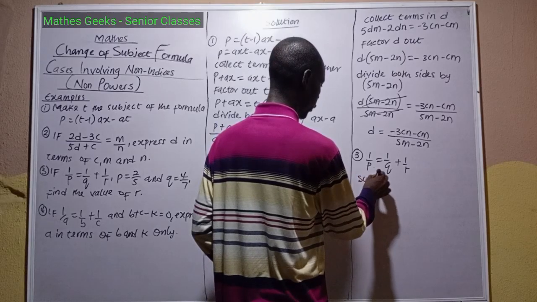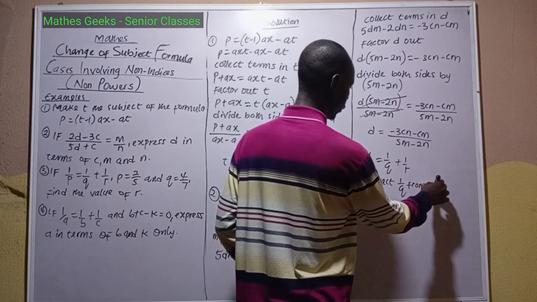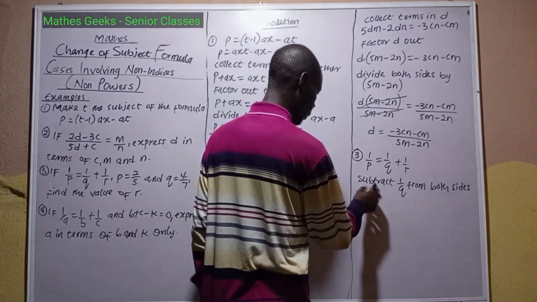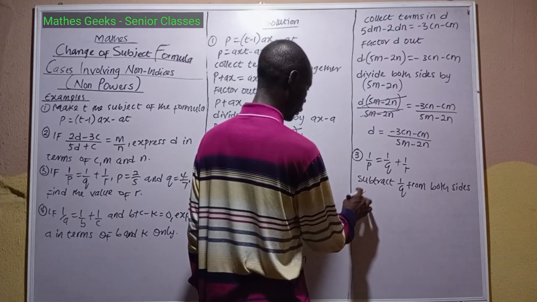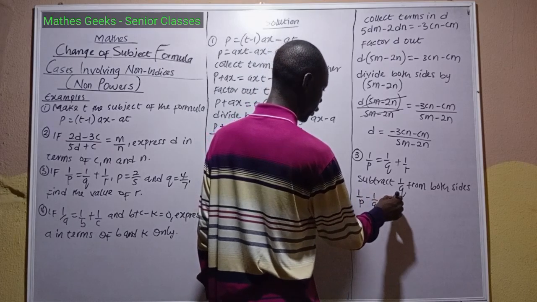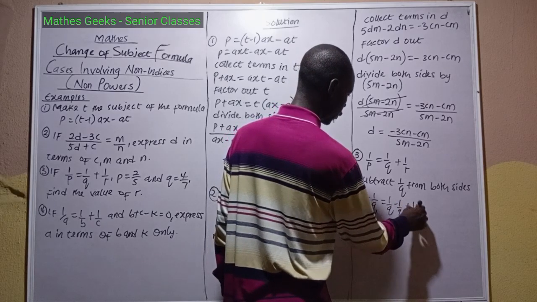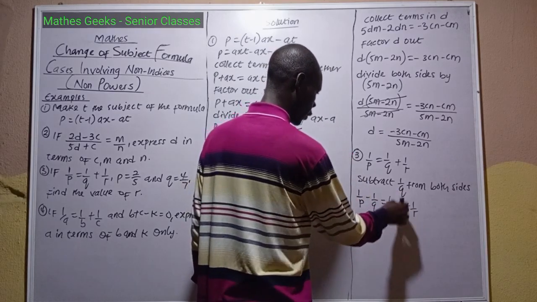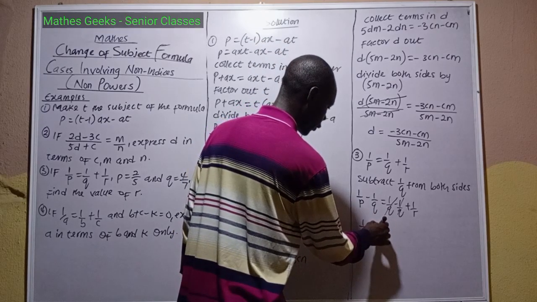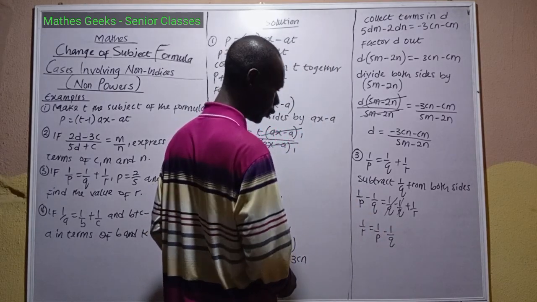So 1 over p minus 1 over q equals 1 over q minus 1 over q plus 1 over r. This will cancel to give us 0, and then 1 over r equals 1 over p minus 1 over q.